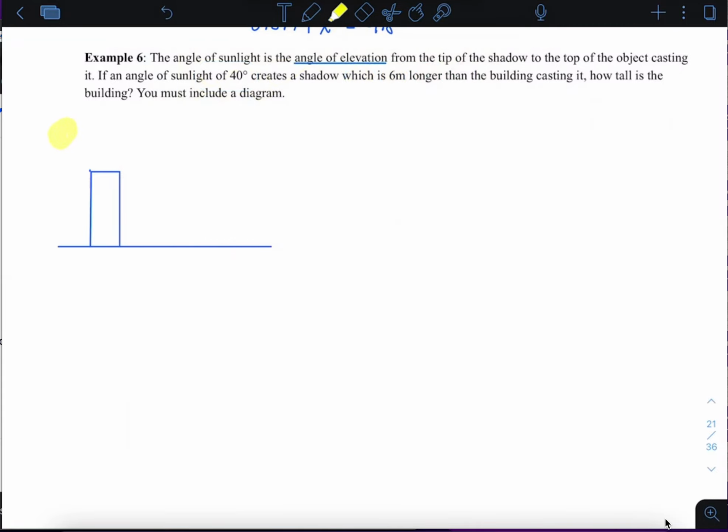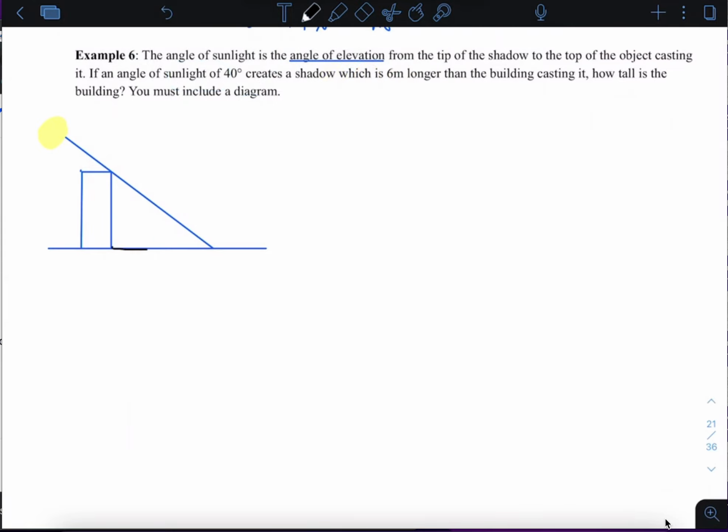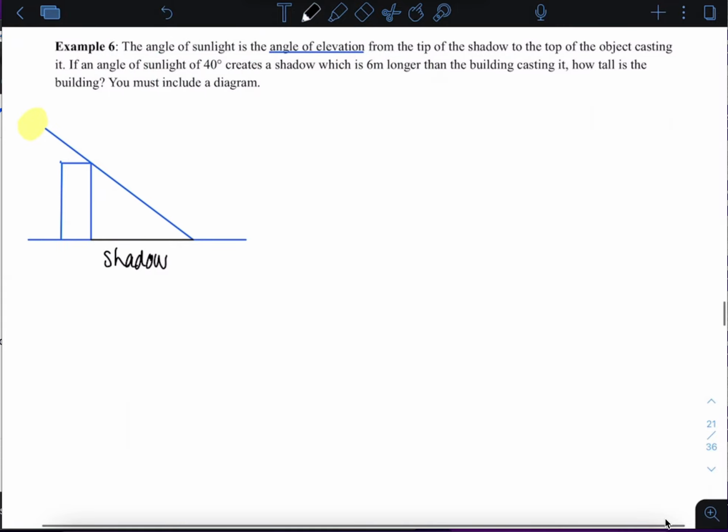Okay, and I'm going to pretend that that's the sun rays. And essentially, I have a shadow being cast by the building, okay, from blocking the sunlight, so the shadow's on the ground, okay?